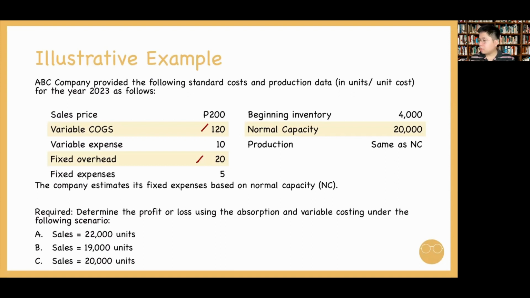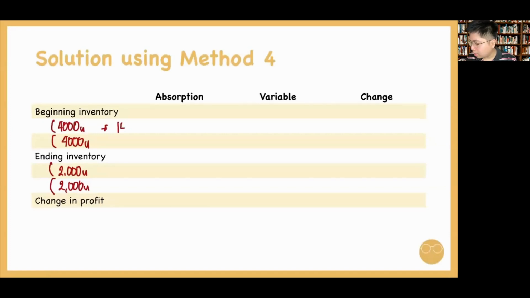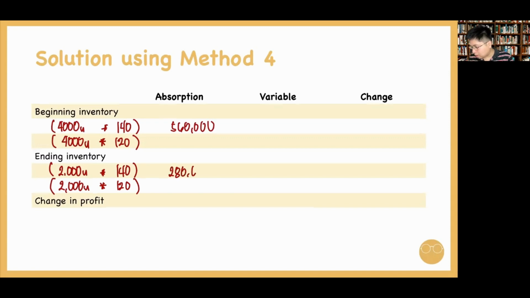Let's go back to our module. So it's 140, this is 120, then this is 140 again, and this is 120 also. We have here 4,000 multiplied by 140, which gives us 560,000. Then 2,000 multiplied by 140 gives us 280,000 pesos. Now let's solve for variable costing. 4,000 multiplied by 120 is 480,000.